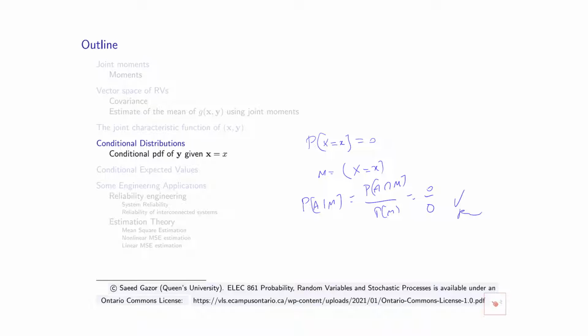So we use the method in the previous video in order to define the conditional PDF. We want to define the conditional probability density function of one random variable, given that we have observed a value of another random variable.